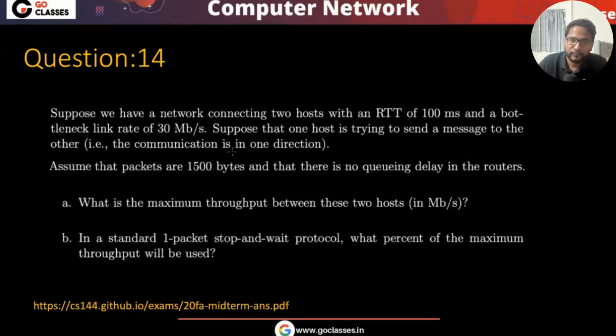Now assume that packets are 1500 bytes and there is no queuing delay in the routers. What is the maximum throughput between the two hosts? What can be the maximum throughput?